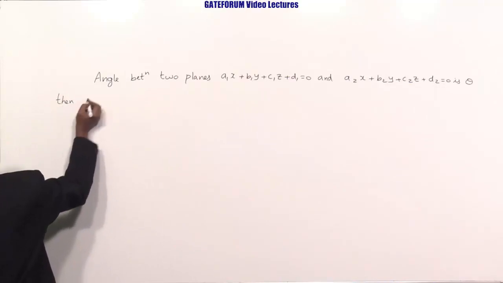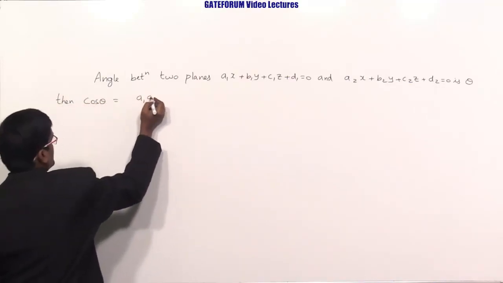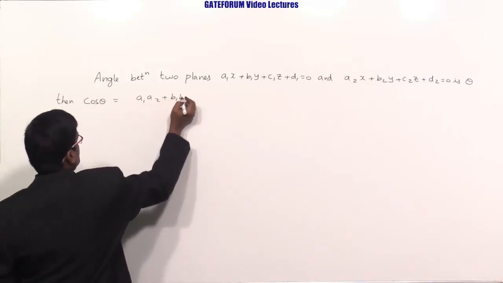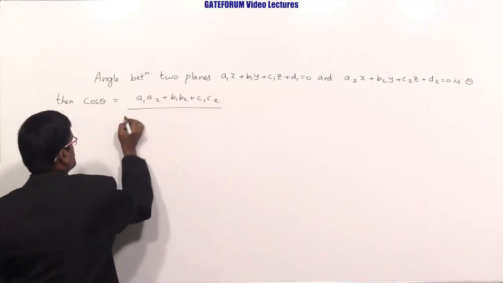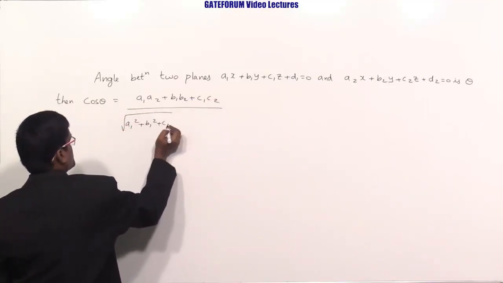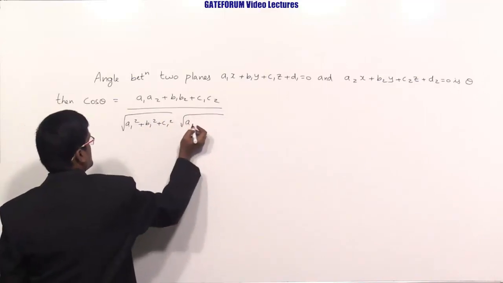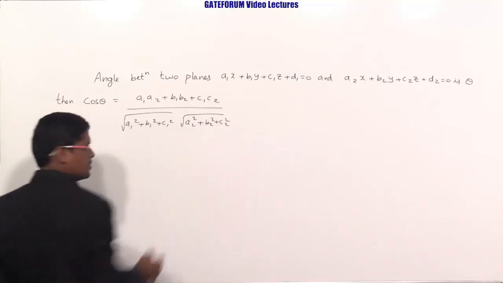Then cos theta formula is a1 a2 plus b1 b2 plus c1 c2 divided by root over a1 square plus b1 square plus c1 square into root over a2 square plus b2 square plus c2 square.